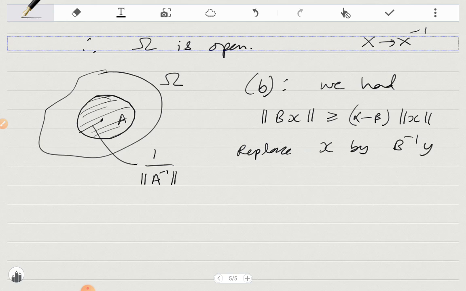Now I am assuming that B is also invertible. So I get alpha minus beta times norm B inverse y is less than or equal to norm y.